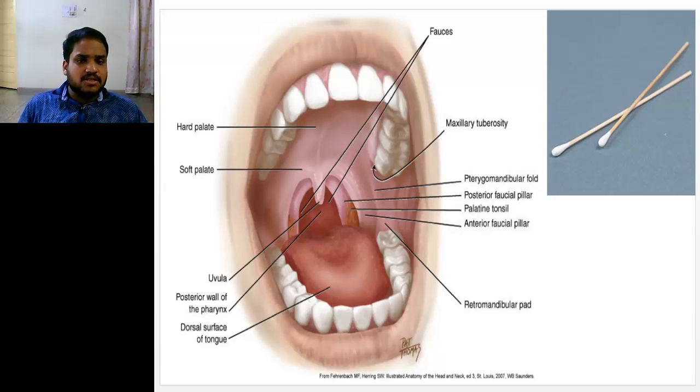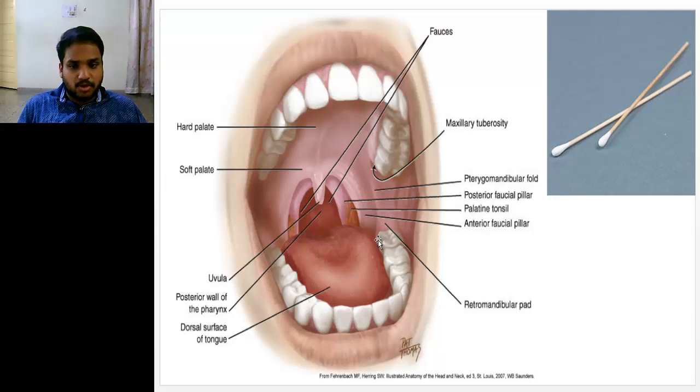So another important reflex is the gag reflex, which you have to check for the 9th and 10th cranial nerve. Why? The afferent of the gag reflex is through the glossopharyngeal nerve, while the efferent is through the vagus nerve, right? So how will you do the gag reflex? You have to touch the posterior pharyngeal wall with a cotton tipped stick.